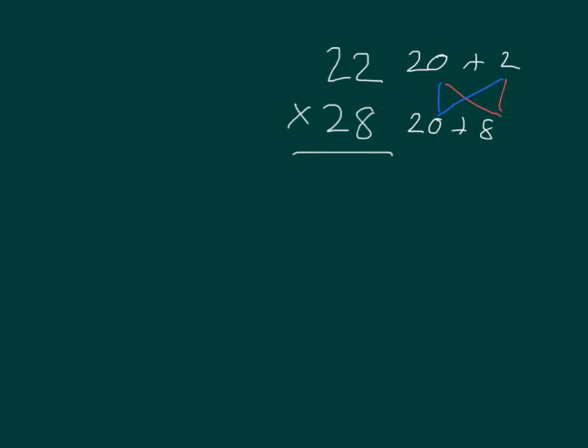I have a multiplier of 8 and a multiplier of 20. You might notice a pattern here. My 2 and 20 repeat because I'm multiplying my multipliers by that same value up on top.